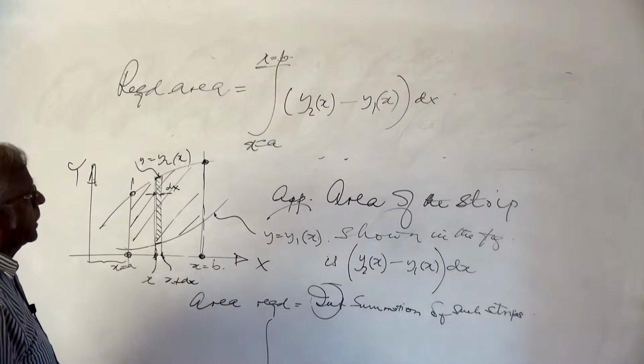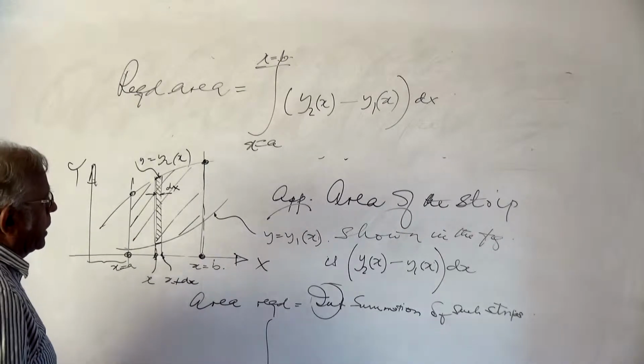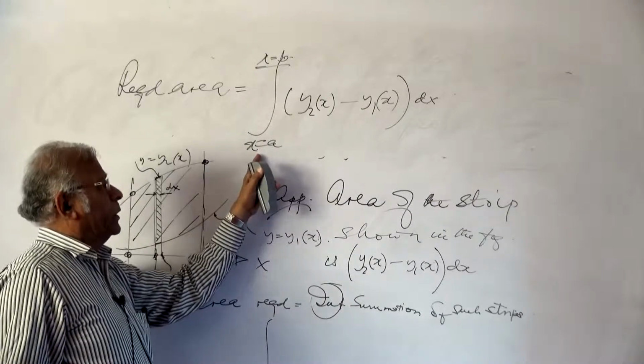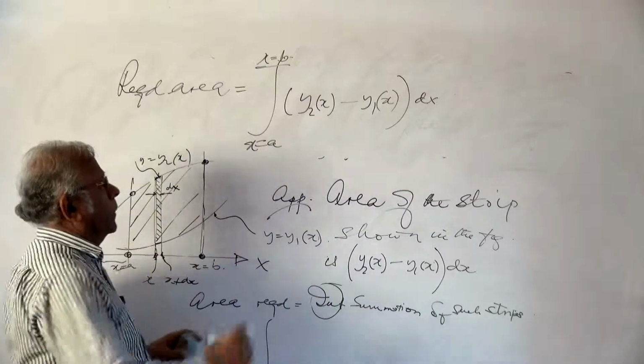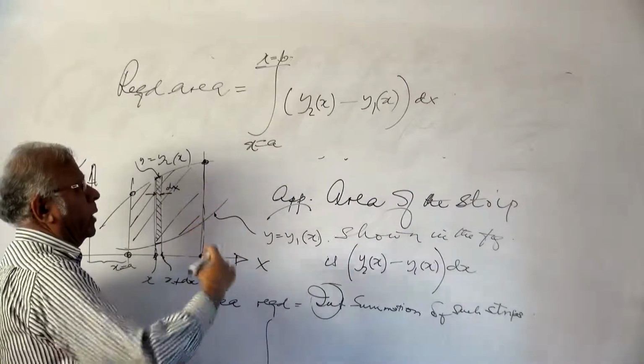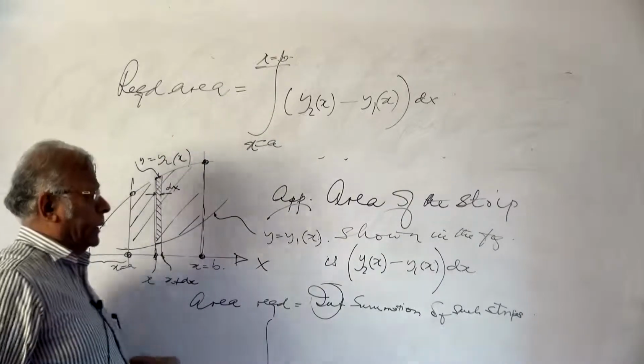And this can be used as a standard formula for finding the area under y2 and y1, trapped between them, not under any one of them, and between x is equal to a to x is equal to b.